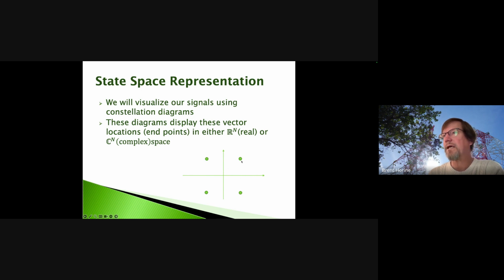This might be (1, 1), or maybe it's (square root of 2, square root of 2), depending upon what total energy we want to represent in this diagram. So this would be (-1, 1), this would be (-1, -1), and (1, -1).